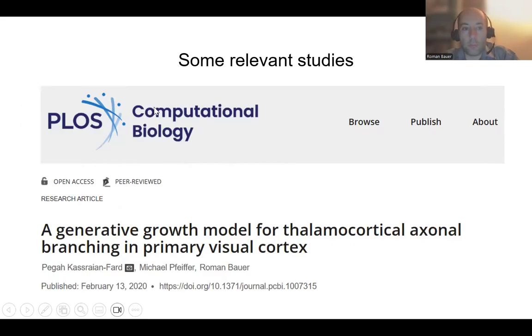And we also published in the past several relevant papers with Biodynamo. For example, here we published a paper where we focus on a particular type of axon, so-called thalamocortical axons. So these are long-range axons that then branch in this case in primary visual cortex.